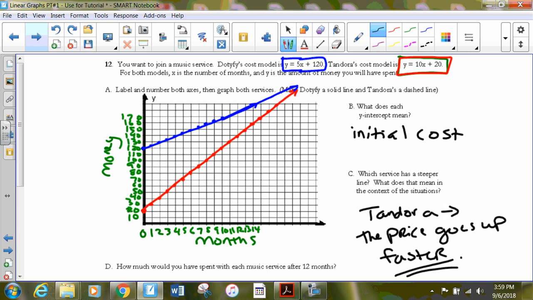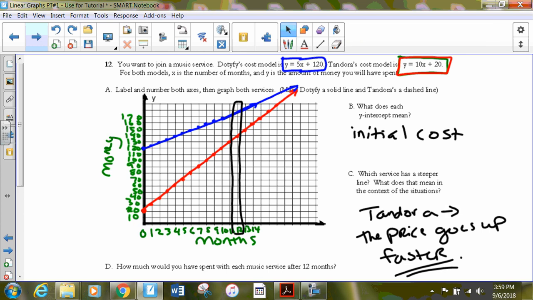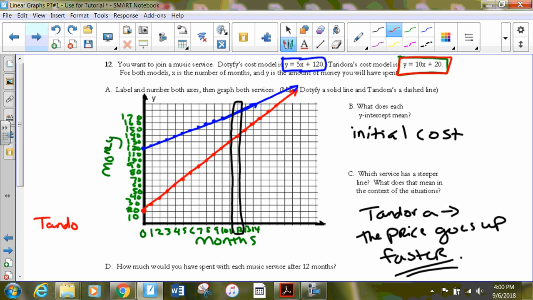All right, how much would you have spent with each music service after 12 months? What we could do with this one, sometimes we can do it and sometimes we can't, is we can actually look at the graph and see what's going on at 12 months. So let's see. The red is Tandoras, so Tandoras looks like 140.